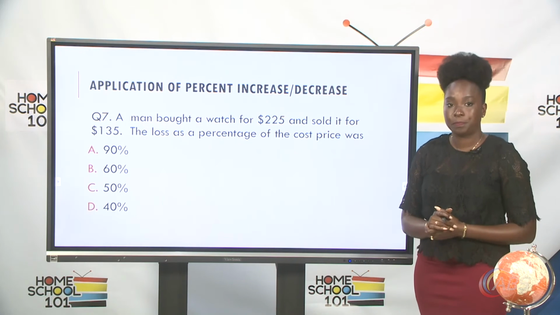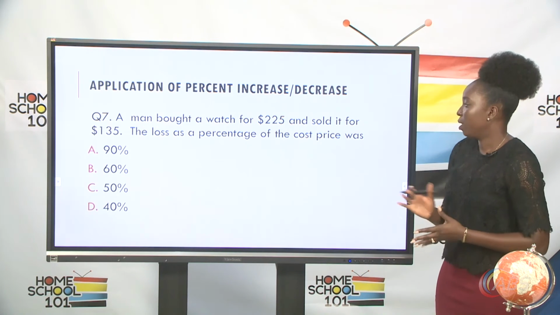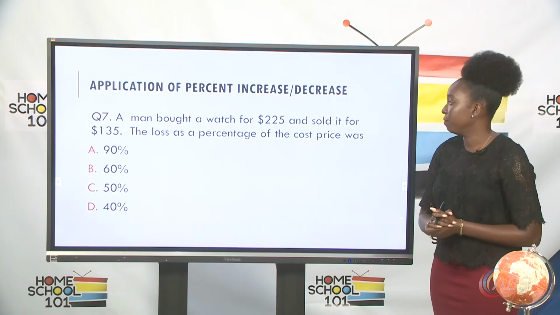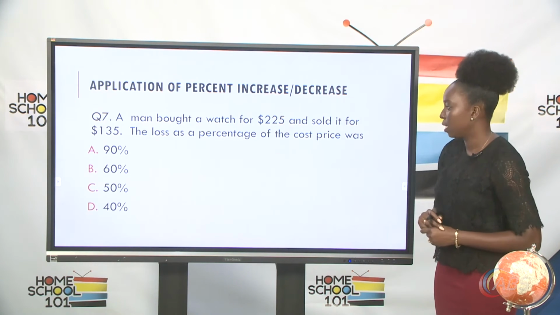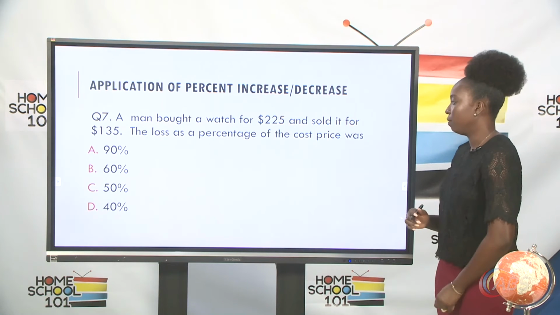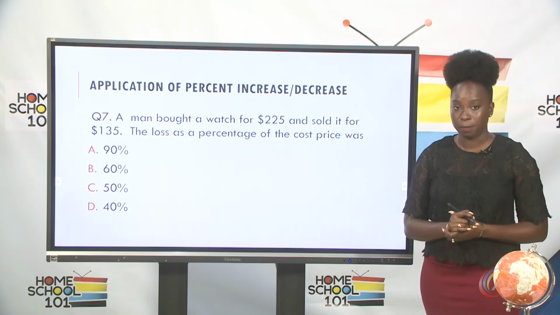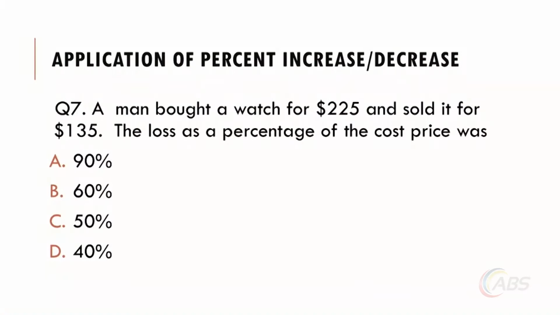Question 7. A man bought a watch for $225 and sold it for $135. The loss as a percentage of the cost price was. Okay, so this time in this question, the percentage is what we have to find.